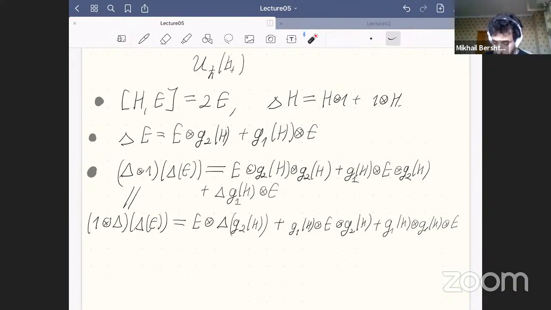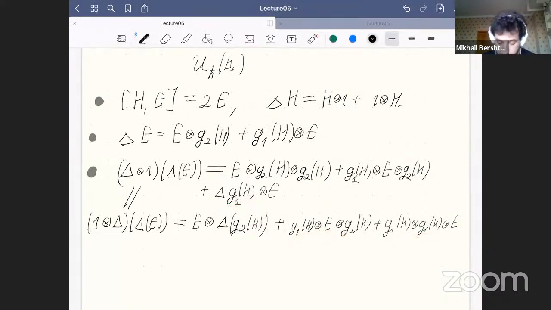For example, we can compare terms with E on the first factor. Here we have E times G2 times G2. Here the first factor is not E, it's just some H. Here again some H. Here the same.